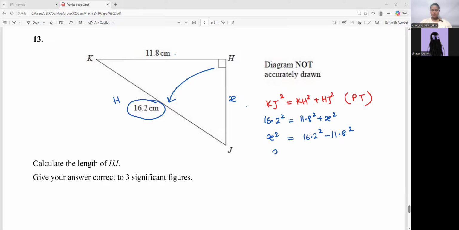Teacher, I found the answer. Yes, tell me. Is it 11.09? Yes, 11.0995. It goes like that. Correct it to 3 significant figures and write. 3 figures, not 4.